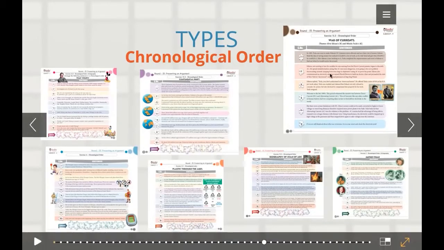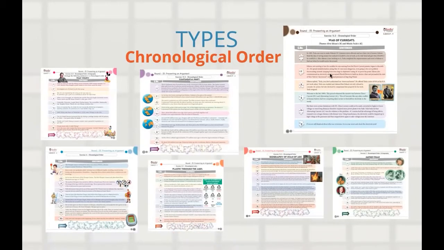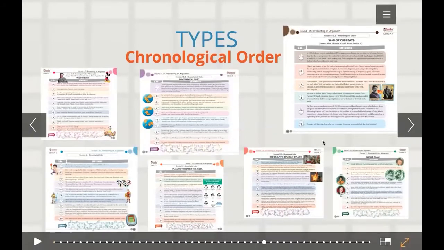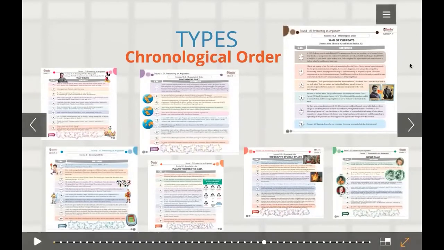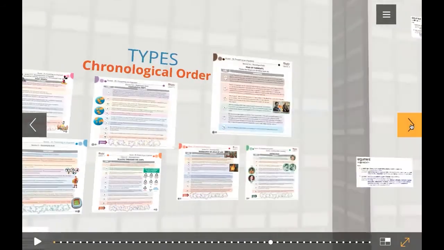And the War of Currents between Edison and Tesla: what really happened, who was a better scientist, who invented what, and what transpired during the War of Currents. And the biography of Jackie Chan, Plastic Through the Ages. We have the history of the Olympic Games for group 3. This is chronological order.